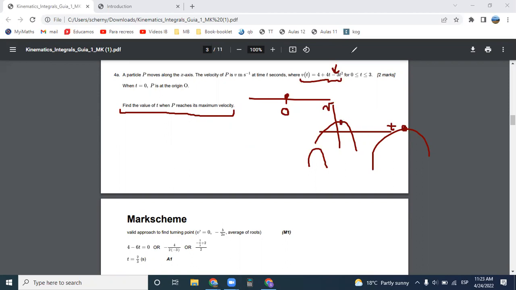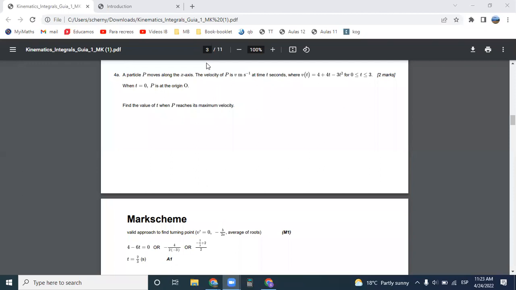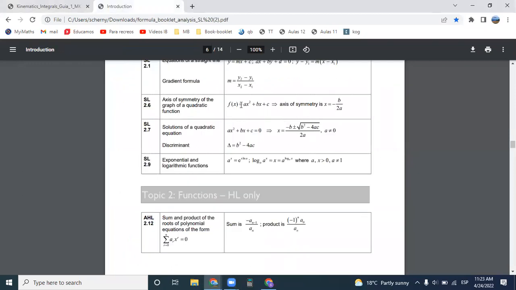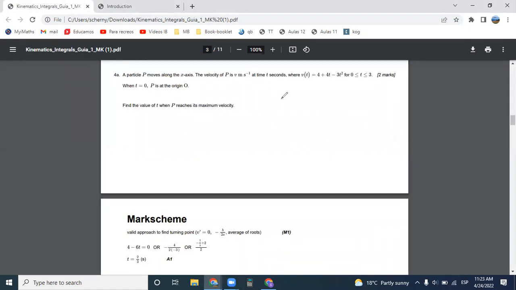So to find the vertex, we should remember the formula, but just in case, we have it here. If the function f of x is a quadratic, ax squared plus bx plus c, then the axis of symmetry, which is the same as the x of the vertex, is minus b over 2a.